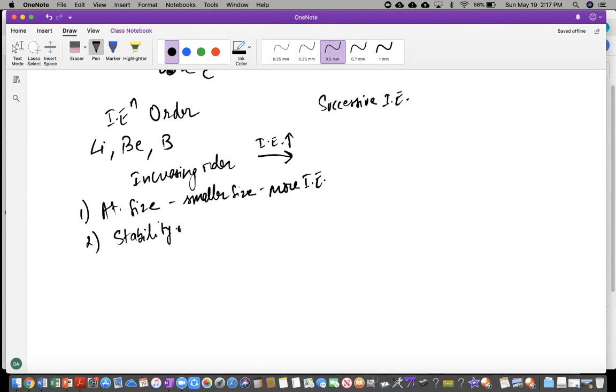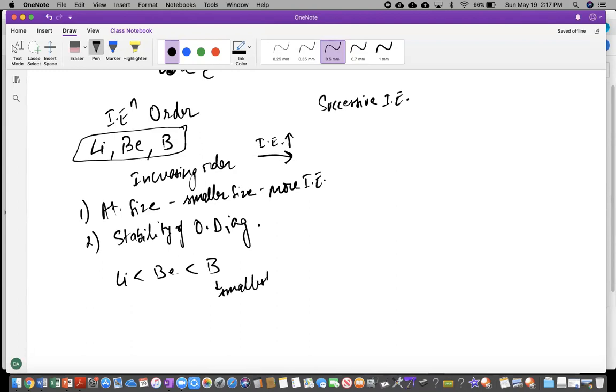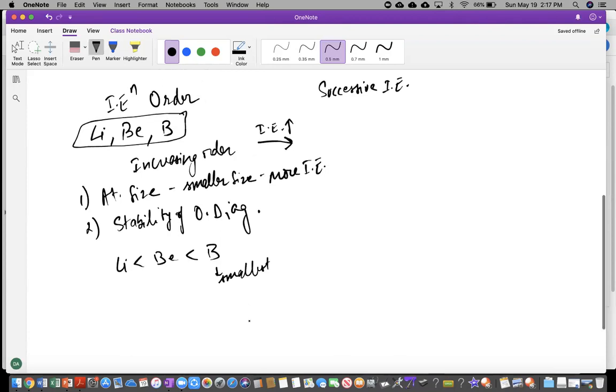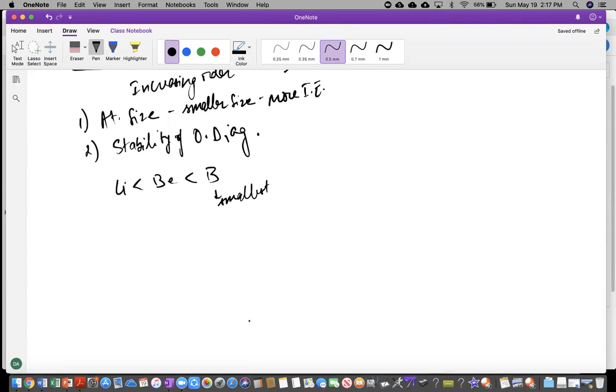Based on size, lithium, beryllium, boron are already in order. Boron is the smallest one, so it has the highest ionization energy. That makes sense?